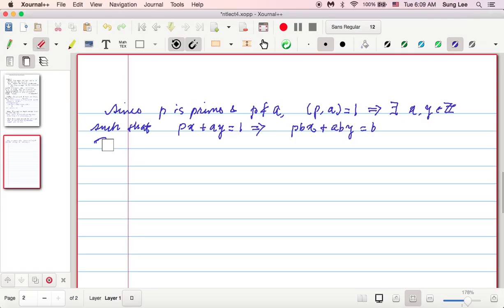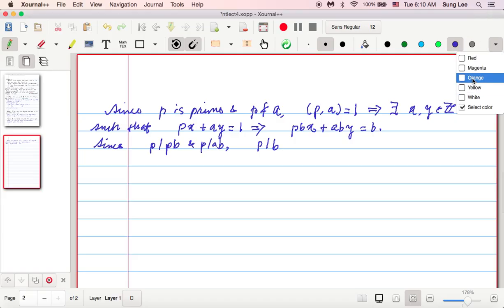What am I doing? Since P divides P times B and P divides AB, that's by assumption, P must divide B, but this is a contradiction, right?